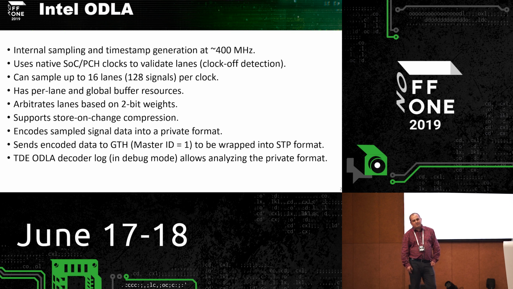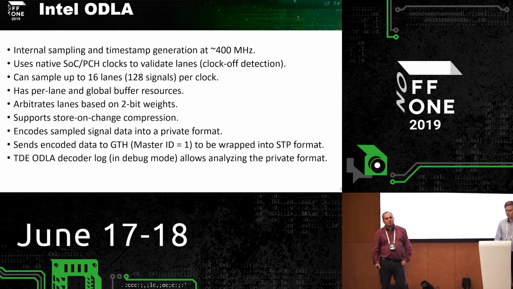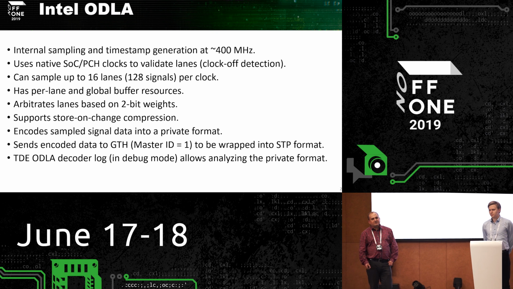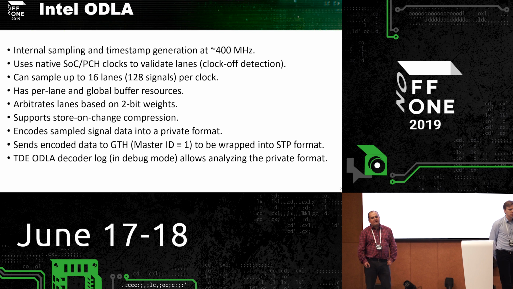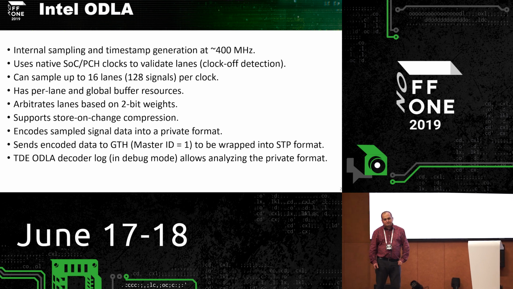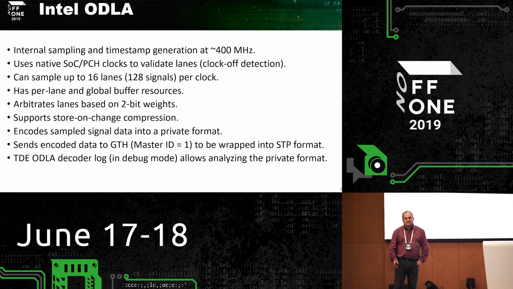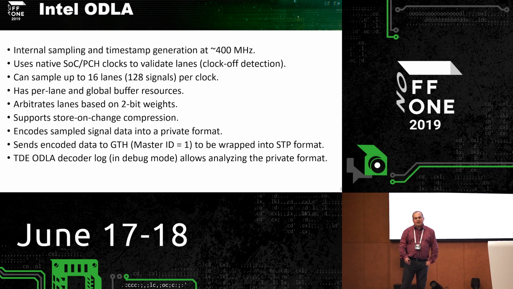Those signals will be digitized by the digital analyzer to get their values at any moment in time. For the PCH, the logic analyzer operates at about 400 megahertz. We haven't yet played with the logic analyzer built into modern CPUs like Whiskey Lake and Cannon Lake. I think they will operate at higher rates, but for the PCH it's quite enough. At the same time, it can cover up to 128 signals at this frequency.